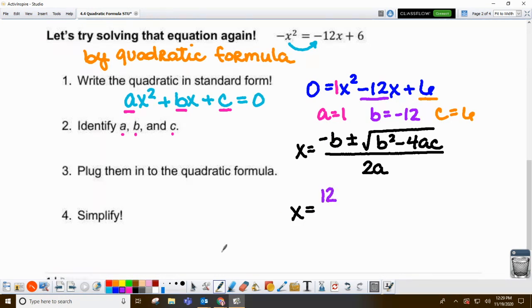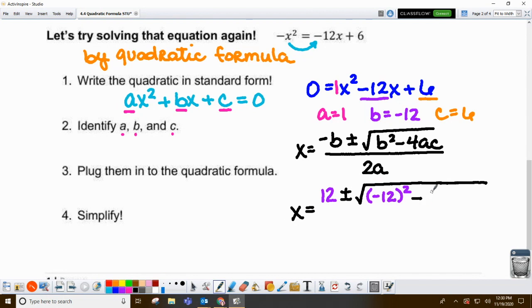So we would have 12 plus and minus the square root of, and we ran into another b. I definitely want to put this one in parentheses, negative 12, because it's being squared. Anytime we square a number, it comes out to be a positive, so I'm putting it in parentheses so that if we plug it into the calculator, we would get a positive out of it.